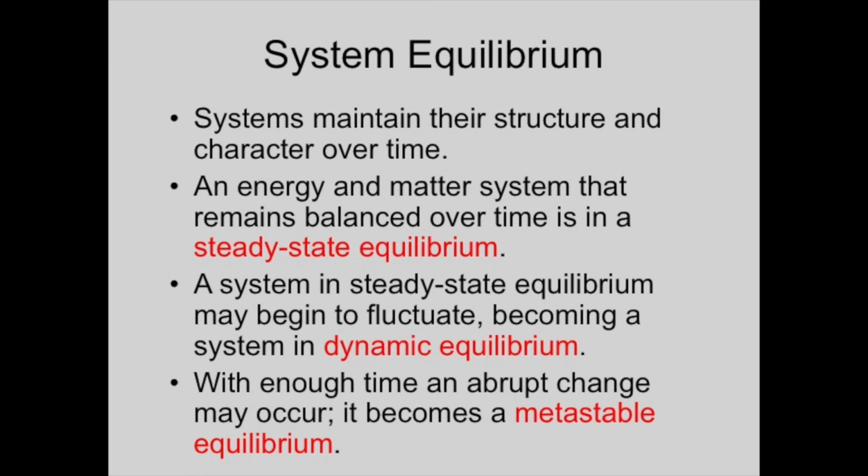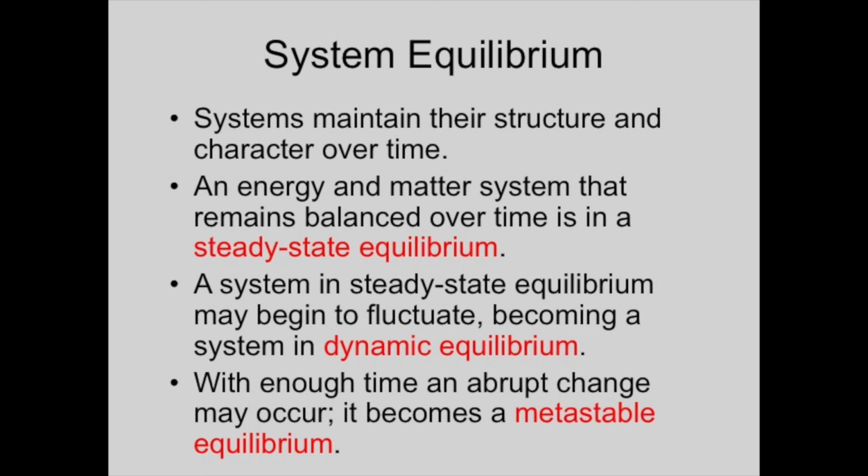When the rates of inputs and outputs within a system are equal, or near to equal, and the amounts of energy and matter in storage within the system are relatively constant, again, we are in a state of steady state equilibrium. But I will tell you that this is very, very unique. It's something that we do not see readily occurring within nature.